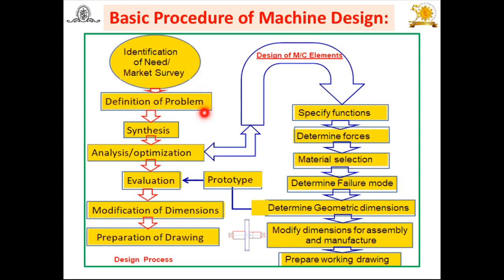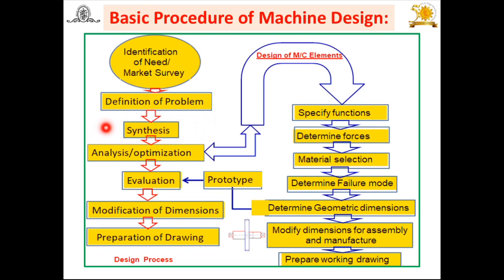The what part: what product, system or process should be designed or developed. Then synthesis. Once the problem statement is completed, synthesis means how to design that product. That means how that system looks, its configuration; many sketches are drawn on paper, that is synthesis.